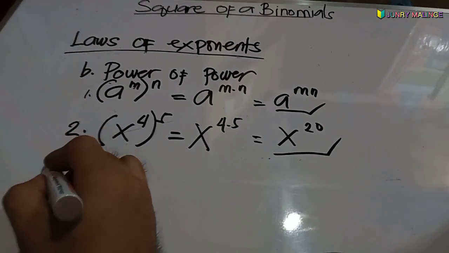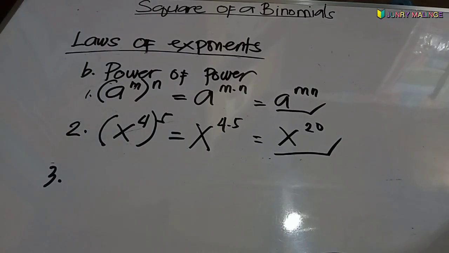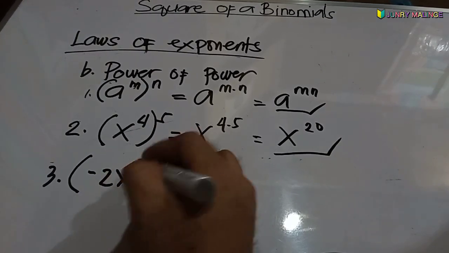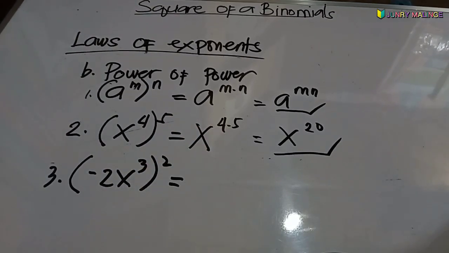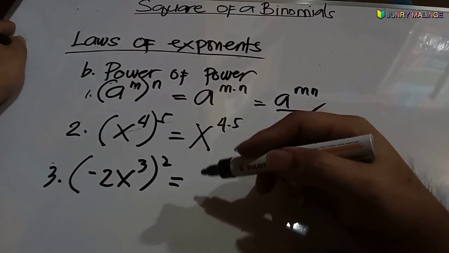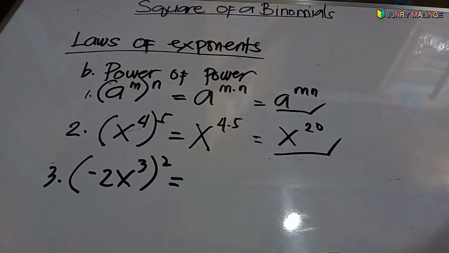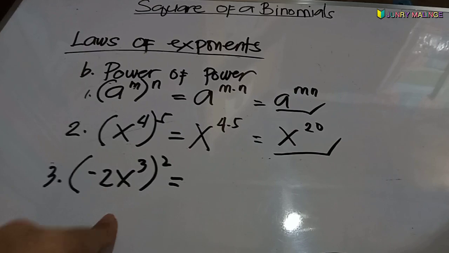Number 3. How about this one? Tulad nito. Meron tayong quantity of negative 2x raised to 3, raised to 2. Paano natin ito i-solve? I-separate natin ang negative 2 at saka x raised to 3.